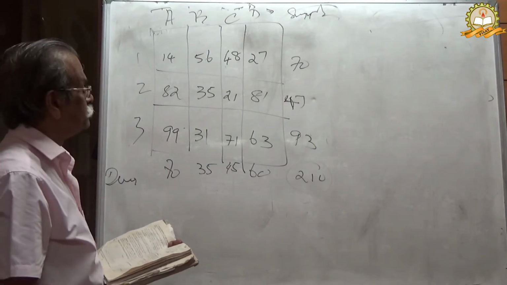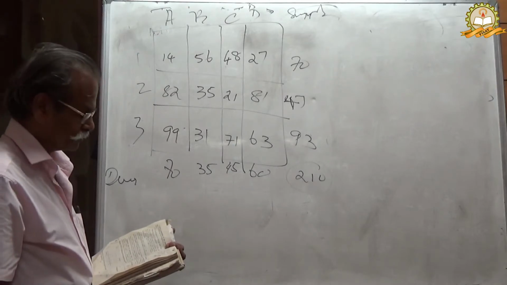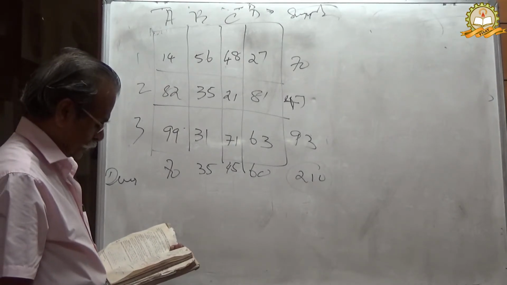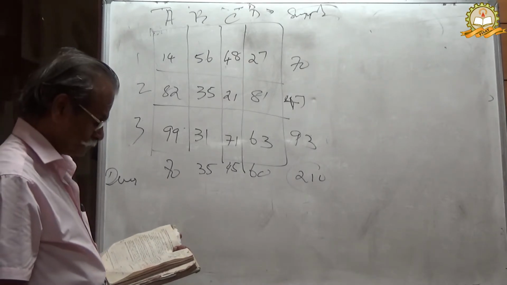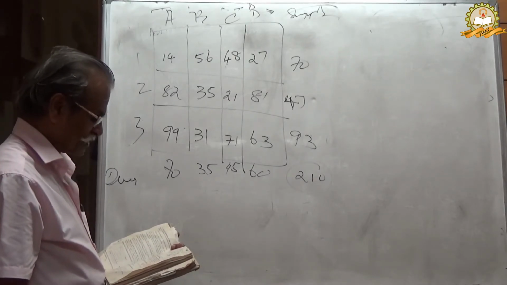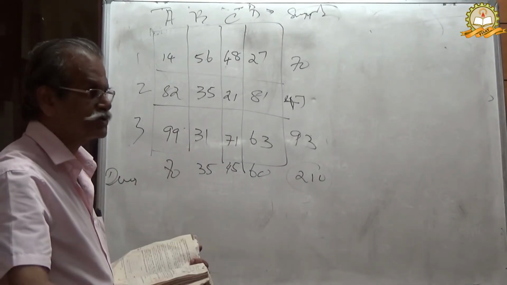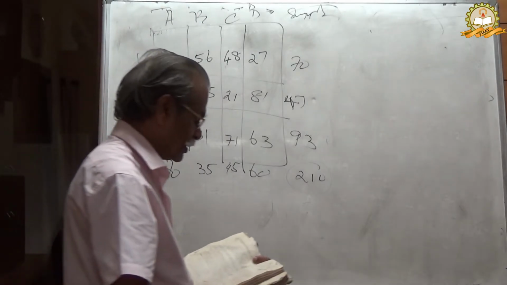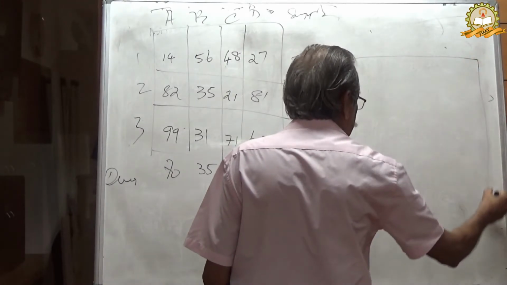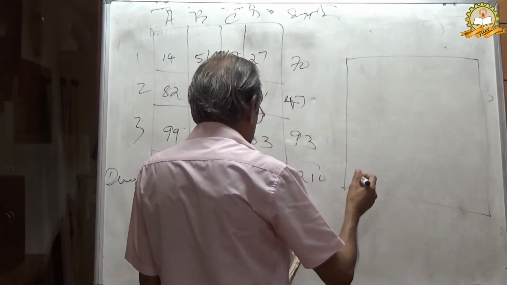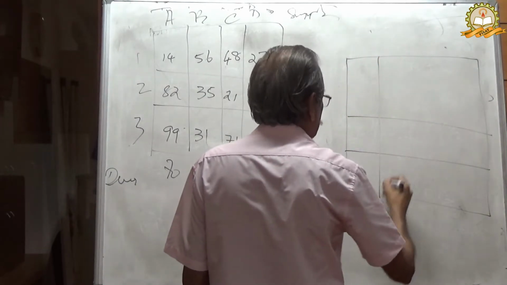Here we try initially warm. That is, you take penalty and the least cost, give the allocation, and the allocations will be, you can write the matrix.